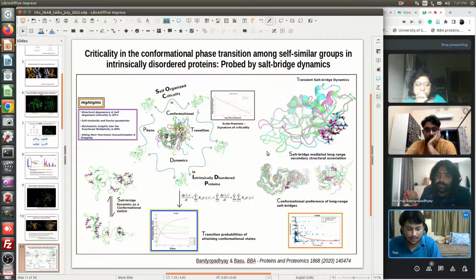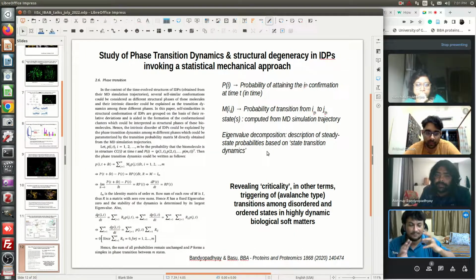We took a statistical mechanical approach and studied the problem using simulated phase transition dynamics, and of course we explored salt bridges and tried to find a possible mapping. So the mathematics part, which Abhirup did for this, we essentially computed the probability of attaining a particular conformation at a given time, steady state probabilities that is, and the probability of transition between two states.